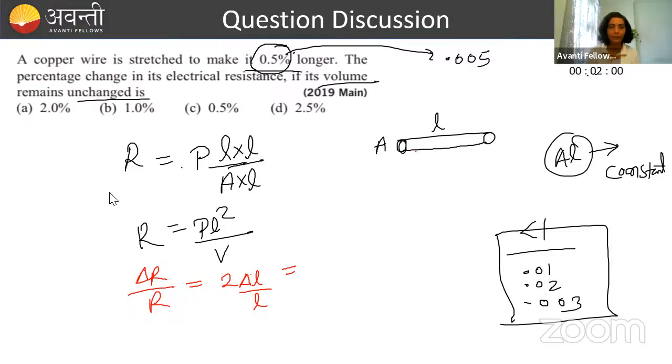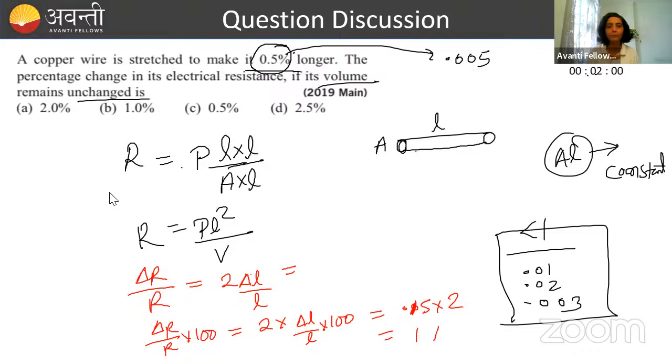So delta R by R into 100, that is the percentage change in resistance, will be equal to 2 into the percentage change in length. And that is equal to how much? 0.5 into 2, so that will give you 1%. There were very few people who answered it correctly. 1%. But I hope everyone is clear about it.